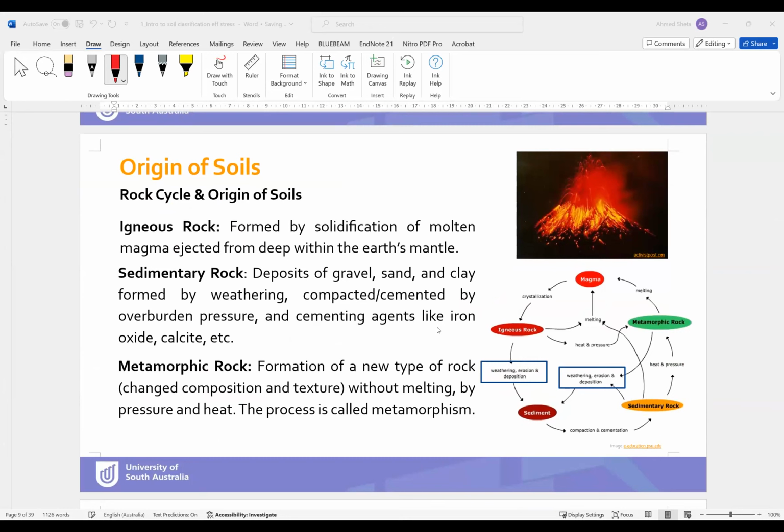So do you have any idea about the rock cycle, or this diagram here? This diagram is called the rock cycle. And as you know, most of the soils or rocks come from this source, volcanoes.